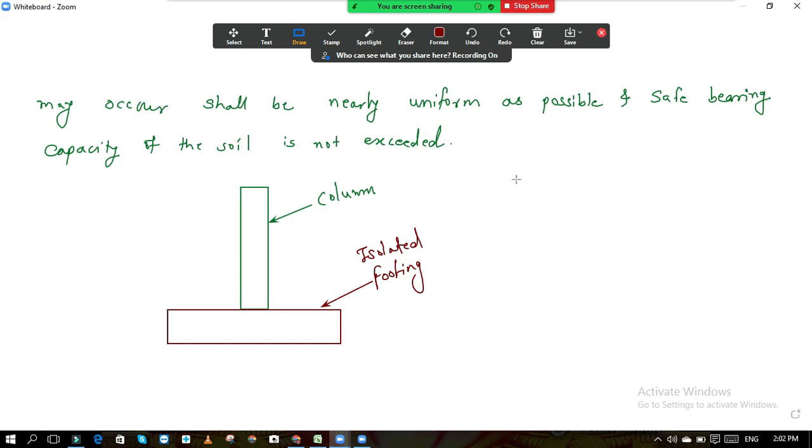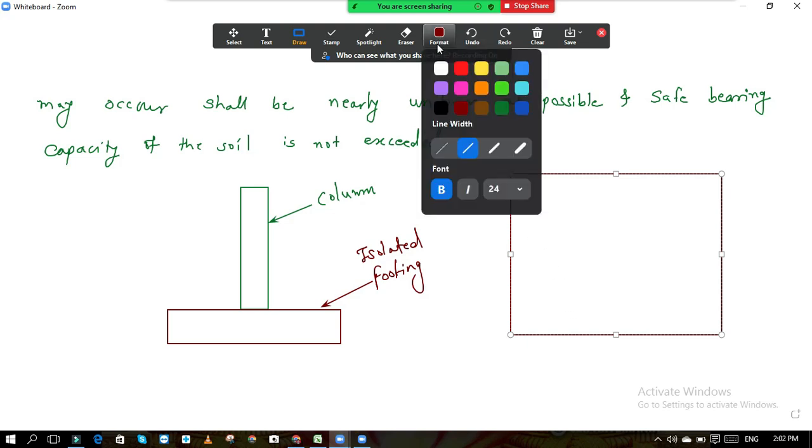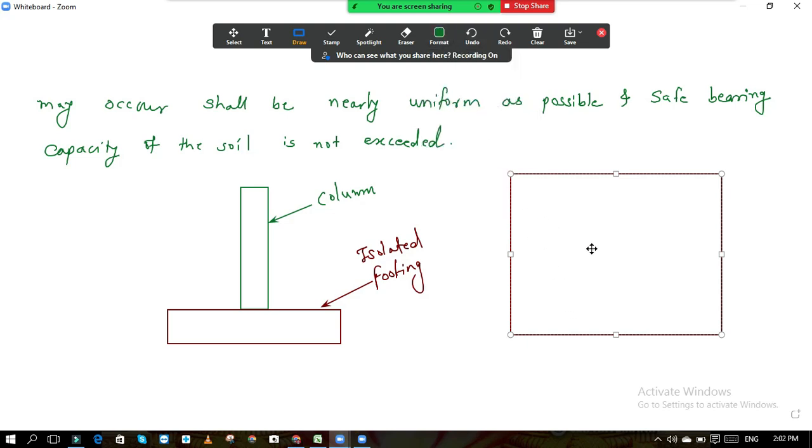Now, if you see the same thing in the plan, this is your footing and column. Here somewhere your column will be there.